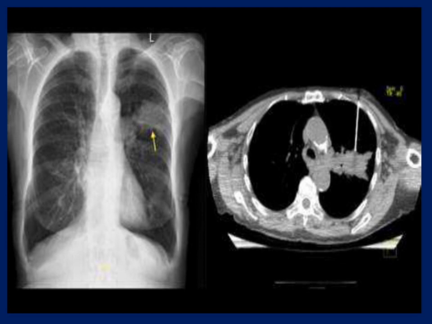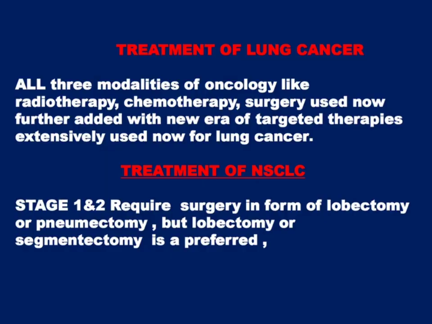FNAC investigation of lung cancer is ideal when the tumor is peripheral and you are not getting a positive sputum cytology, or you are not getting a high result with bronchoscopic assisted biopsy. So CT guided FNAC is done, and with the help of the CT you can see the depth and the angle at which to introduce the needle, and then you take out the specimen.